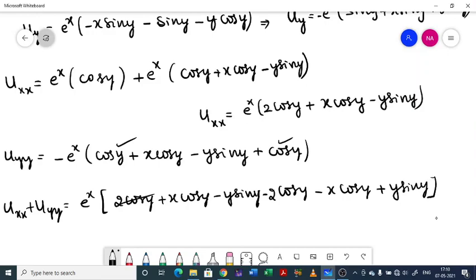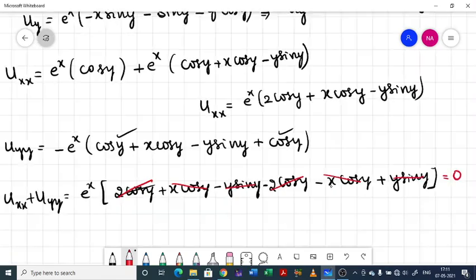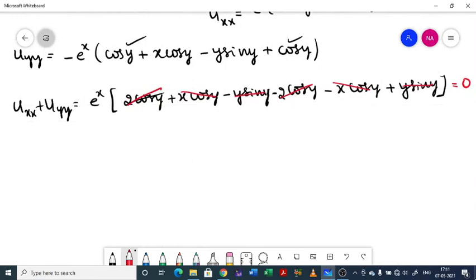So 2 cos y gets cancelled, x cos y minus x cos y gets cancelled, these two get cancelled, so we'll get 0. So the function is harmonic, hence u is harmonic.